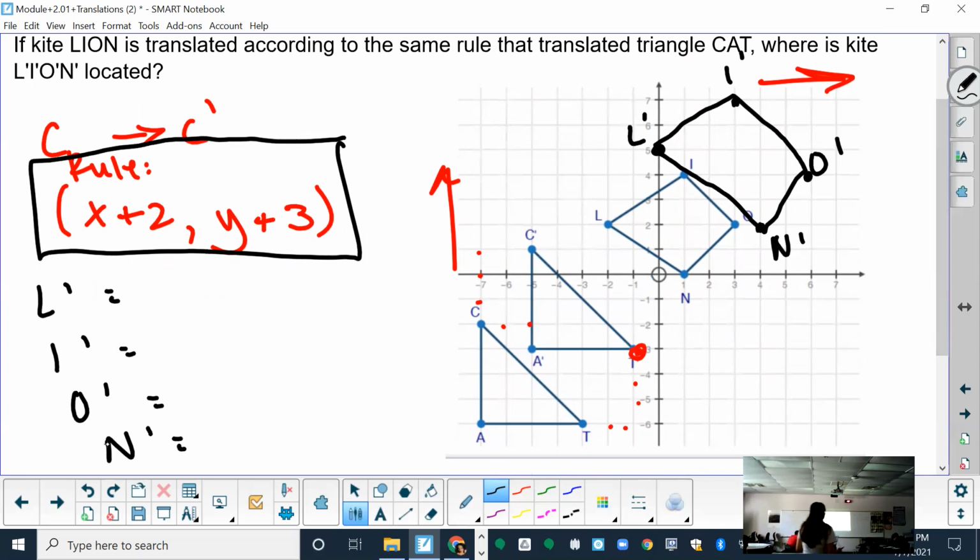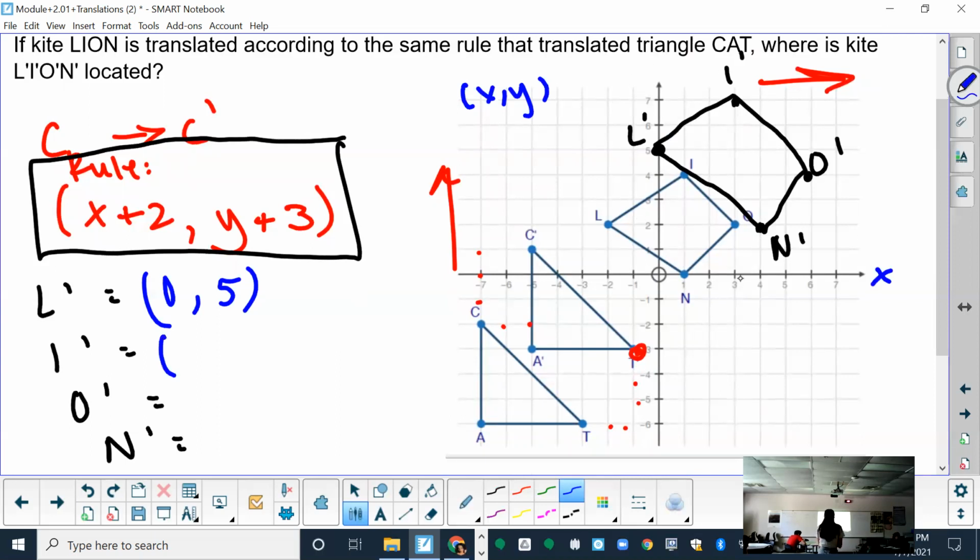So what is the coordinate for L prime? The XY value for L prime. 0, 5, good. If you start at the x-axis, that number is 0, at the y-axis, 5.